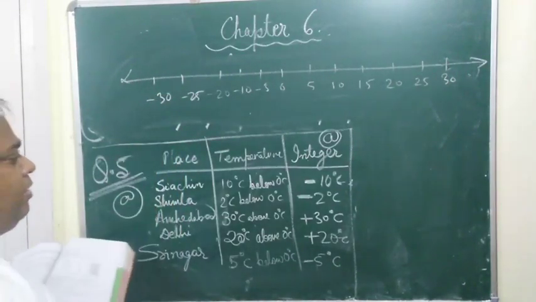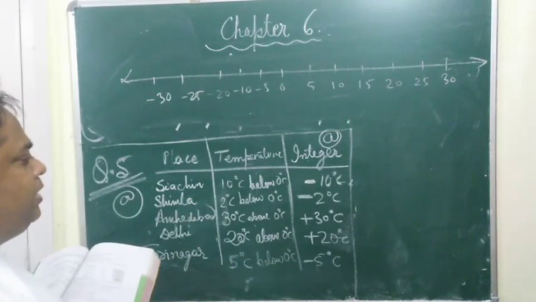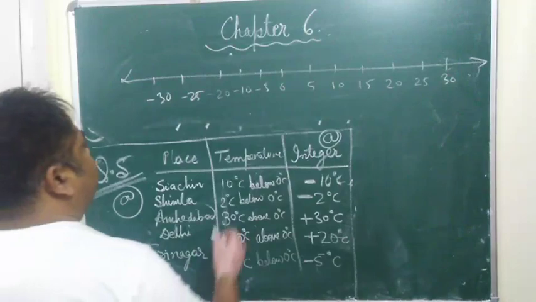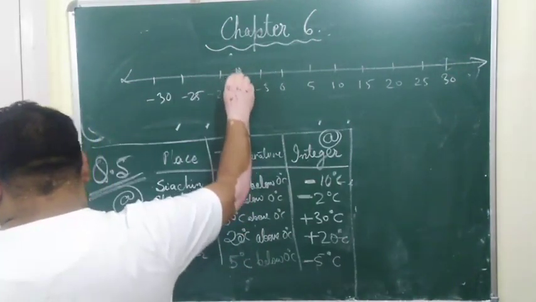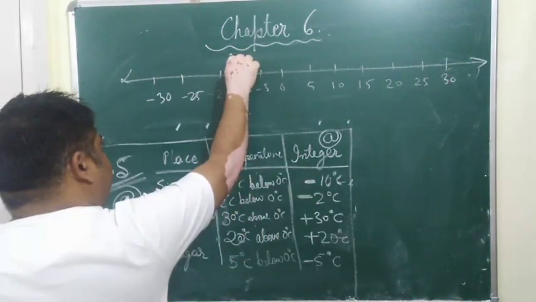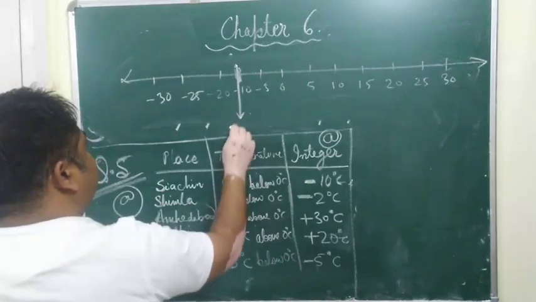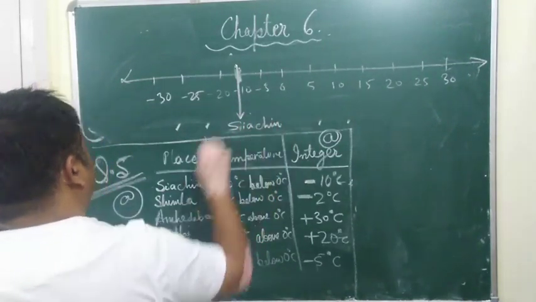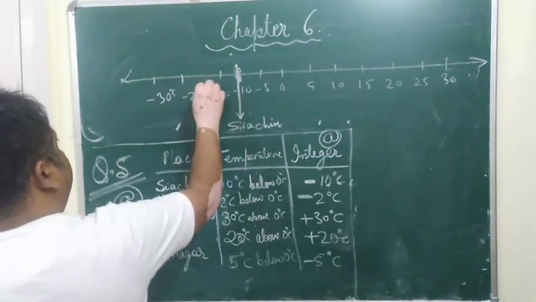Now whatever I have drawn in this range of integers, these places can be located. Siachen is at -10, so this point will be Siachen. These all are degrees C.